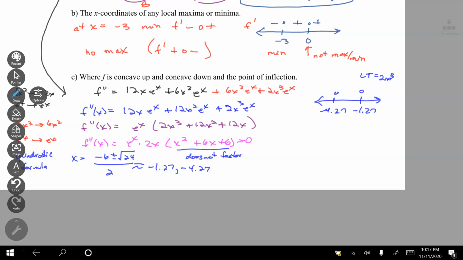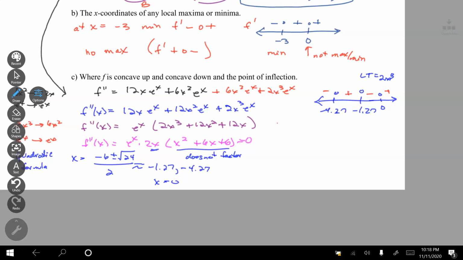There's no bouncers on this. Oh wait, there's another 0. There's a 0 here too. So I have also x equals 0, which is right here. Positive, negative, positive, negative.